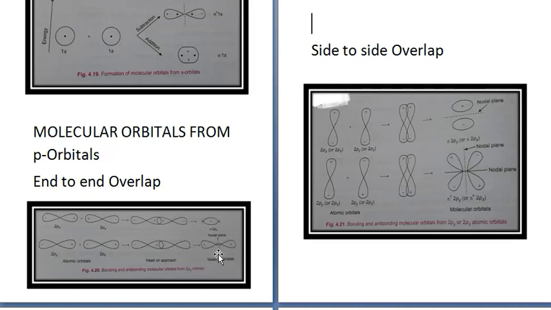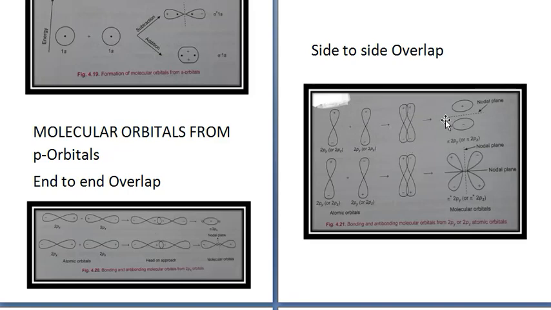Next is side to side overlap. Now side to side overlap takes place in 2py and 2pz. So in side to side overlap, suppose this is a 2py or 2pz orbital, it will overlap with the other 2py or 2pz orbital sideways.